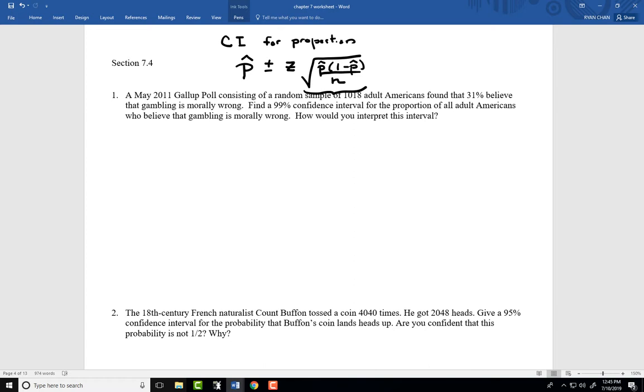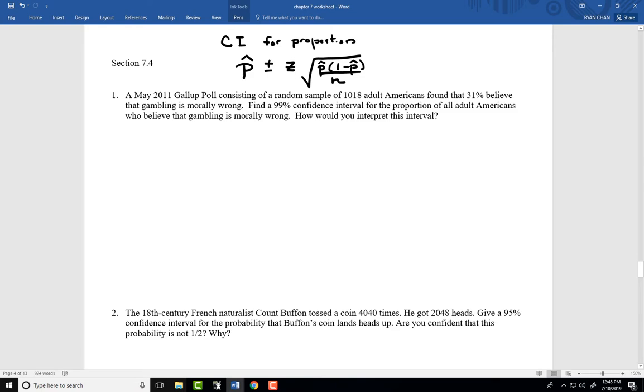In a May 2011 Gallup poll of 1,018 adult Americans, it was found that 31% believe that gambling is morally wrong. Let me explain that once again. Out of the 1,018, 31% believe gambling is morally wrong.